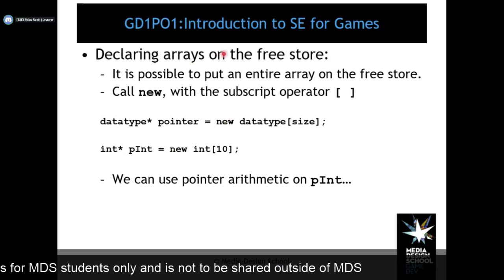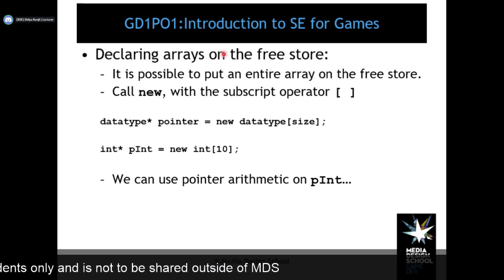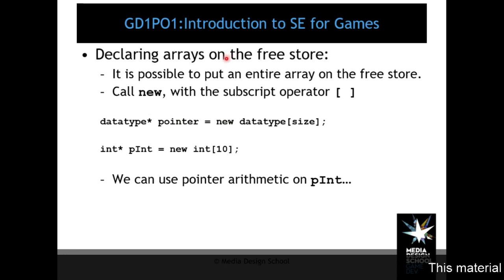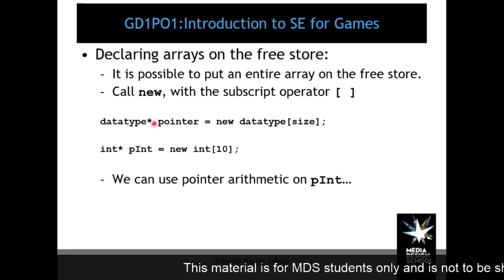It's also possible to declare arrays, which is of course one of the reasons we discussed before coming here. If you want to declare an array using a size that is available from the user or from the player, use the same format, that is using the new operator.